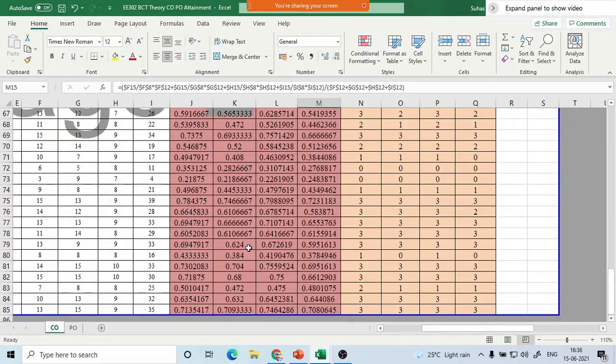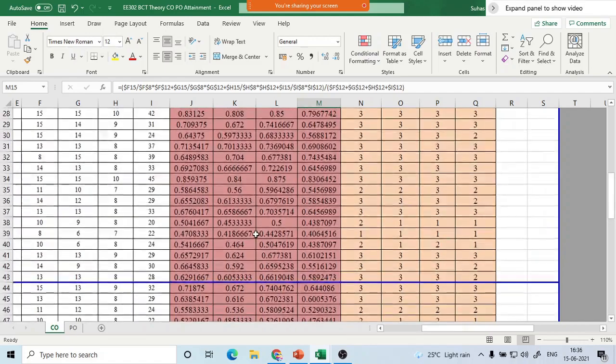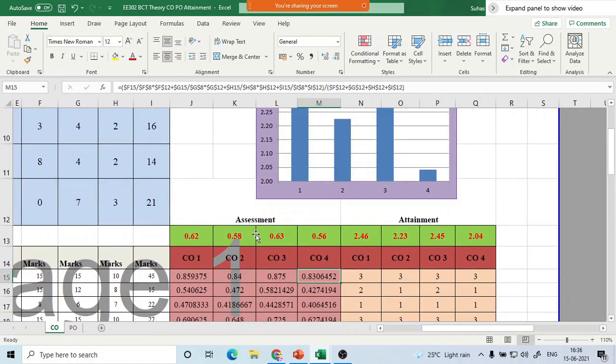You get this course outcome. This entire sheet will tell you: this whole is the course outcome, and this is the assessment, and this assessment you are converting into a 1 to 3 scale, and then this becomes the course attainment.